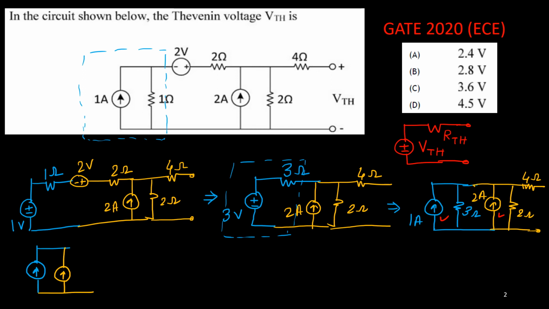Then we'll draw this 3 ohm and then 2 ohm parallelly connected, right? And one more resistance here, it is a 4 ohm. So this current is 1 ampere, this is your 2 ampere.